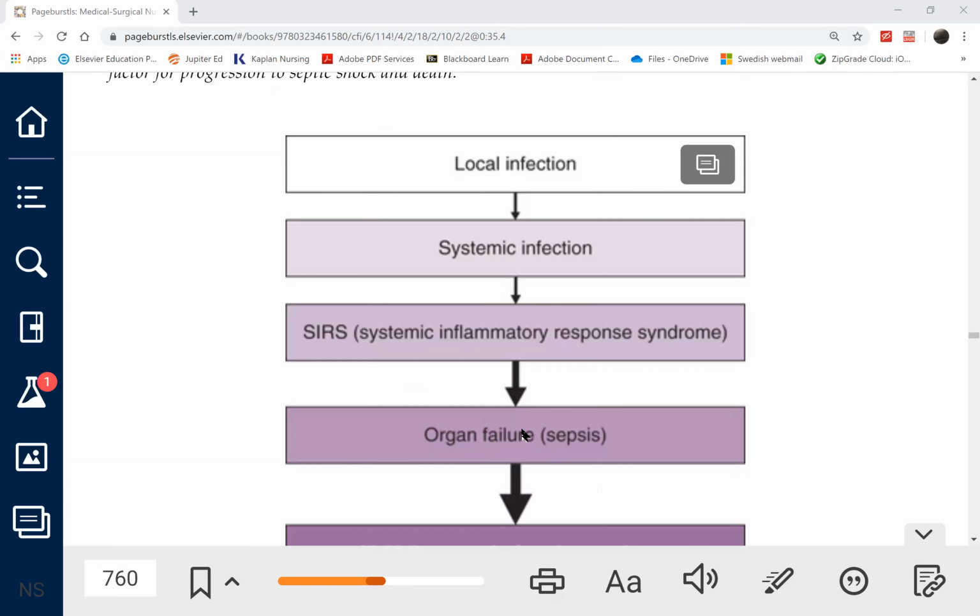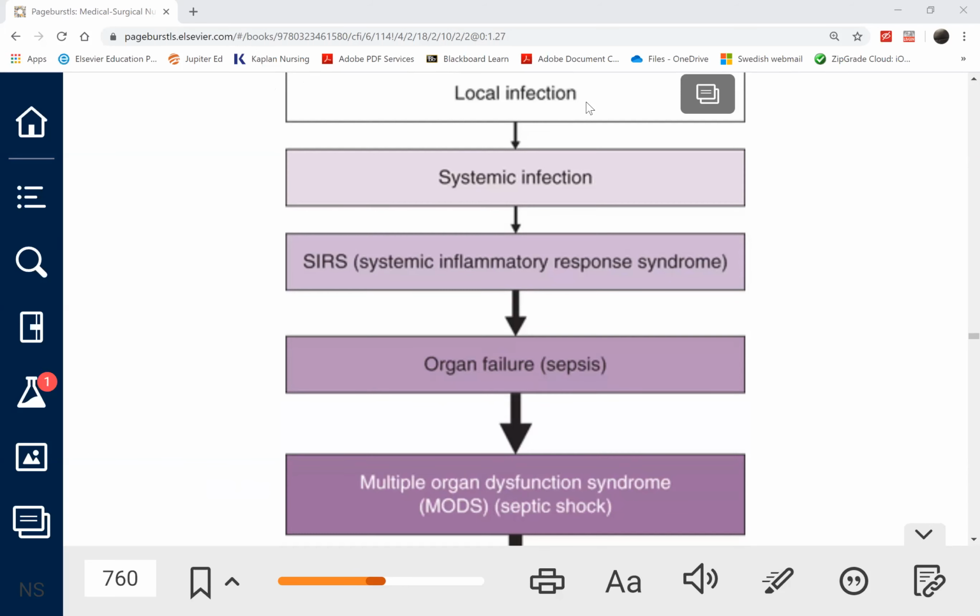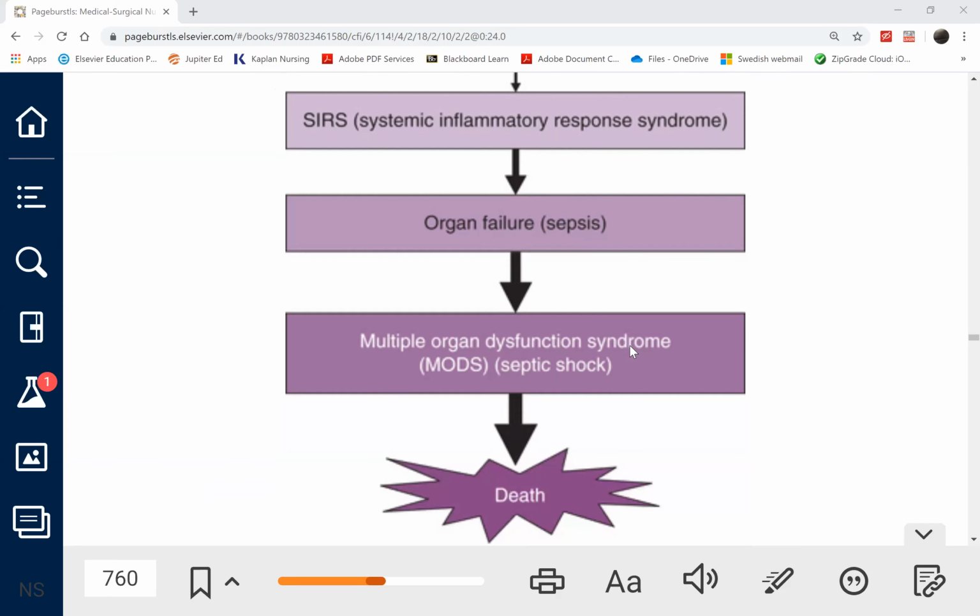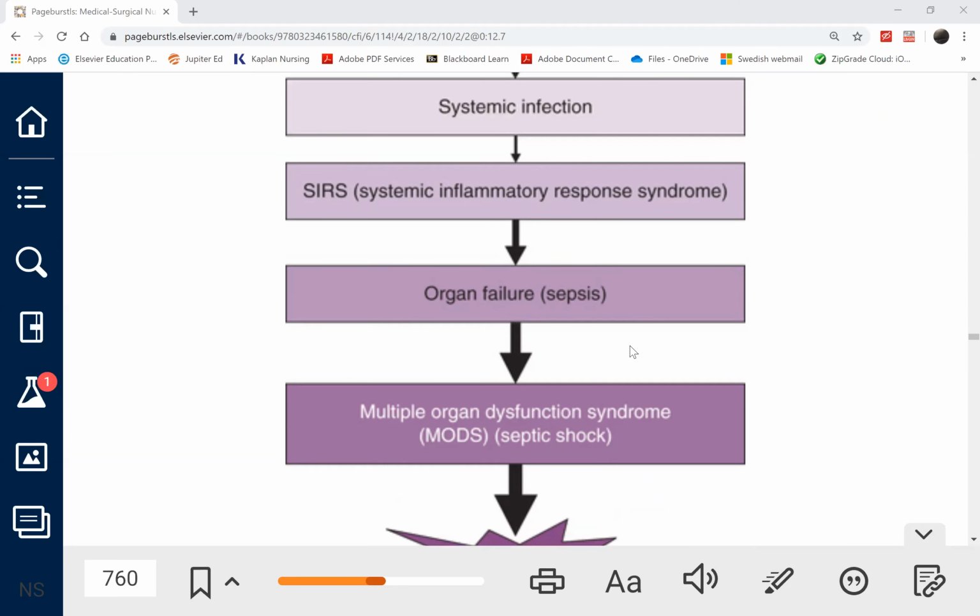As you can see, is there a particular stage that is the equivalent of other types of shock? Meaning, can you say this is the initial stage, this is the non-progressive stage, this is the progressive stage? Do you see a pattern that coincides with the other stages?